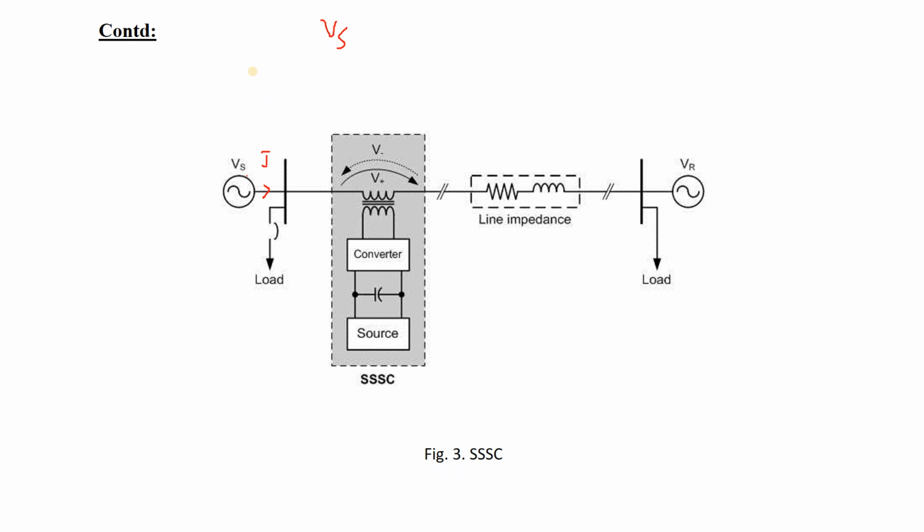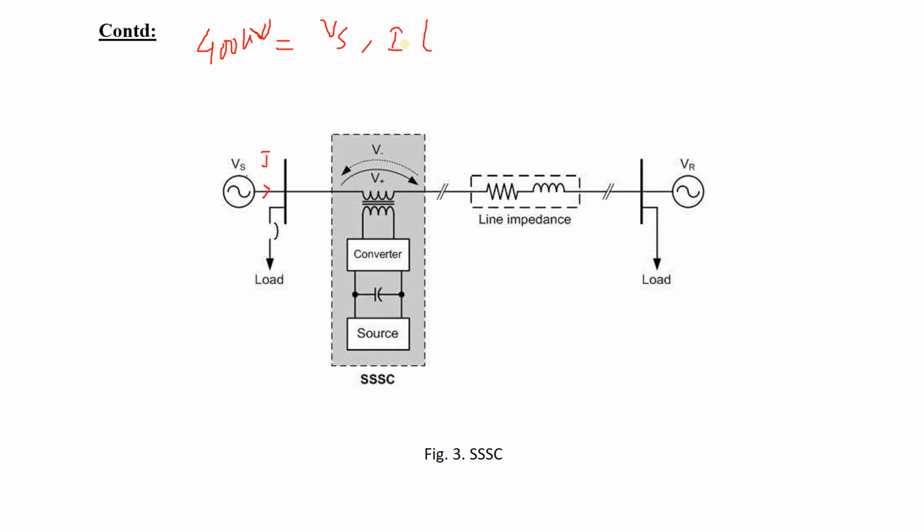Because the supply voltage in the system, the generator is generating the power at a certain voltage, then it is stepped up and then transmitted. So suppose the transmission voltage is 400 kV, we will try to maintain the voltage constant. So Vs is 400 kV, suppose, the supply voltage.